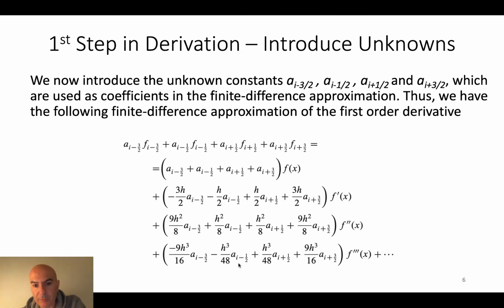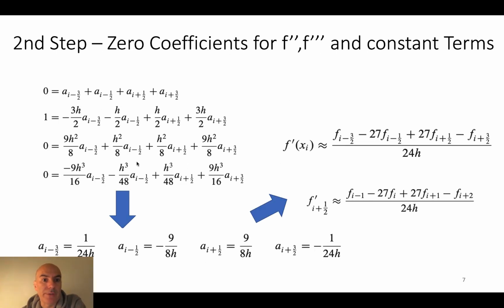Just to summarize, we set the coefficient of f to 0, the coefficient of f prime to 1, because we want to keep the first order derivative, and the coefficients of the second and third derivatives to 0. We can then solve the linear system by imposing the conditions 0, 1, 0, 0, and derive the following coefficients for our first order derivative.